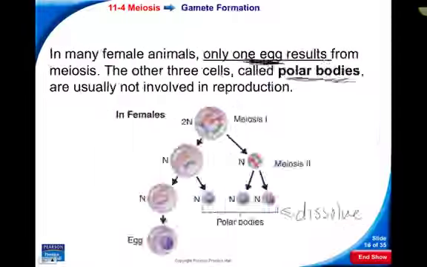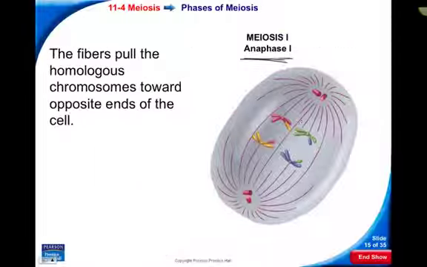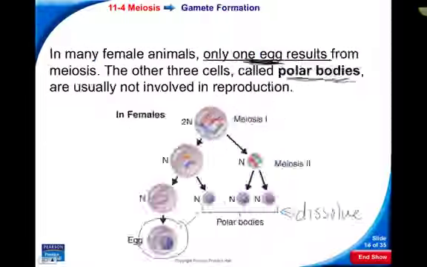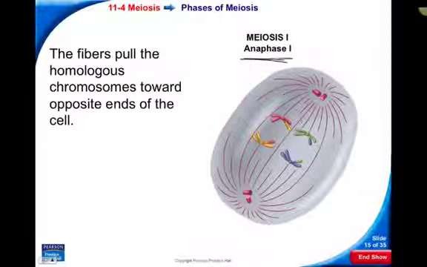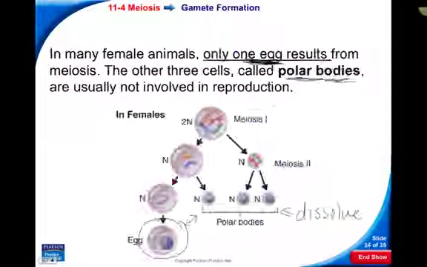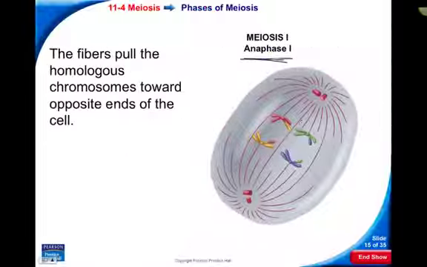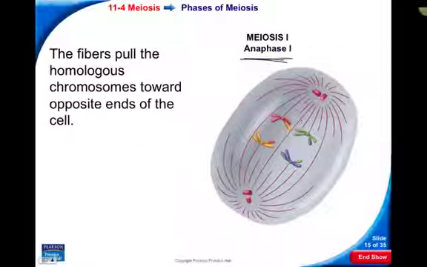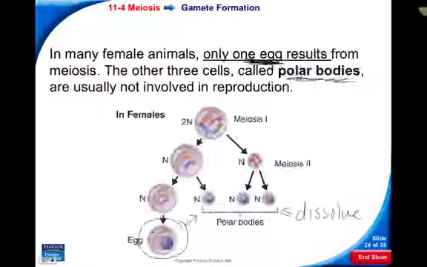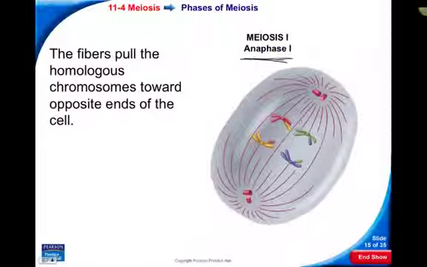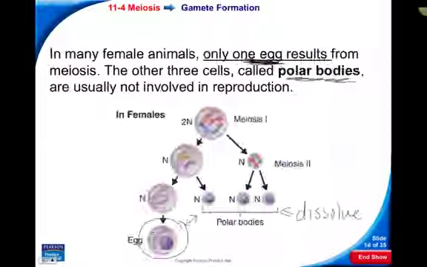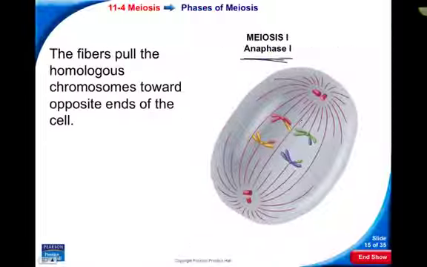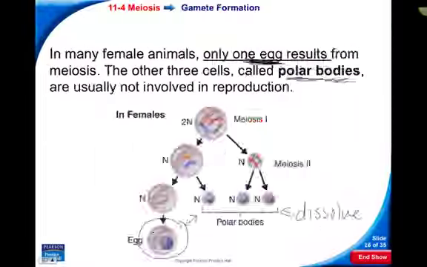Now you might be wondering, why is this egg cell so much bigger? Why did it take up all of the stuff from these polar bodies? Well, what happens is that egg, after it's fertilized, needs a lot of nutrients. And there are a lot of nutrients in the cytoplasm. So, in order to have enough nutrients to give the embryo a chance, one egg cell is produced using a lot of the cytoplasm.